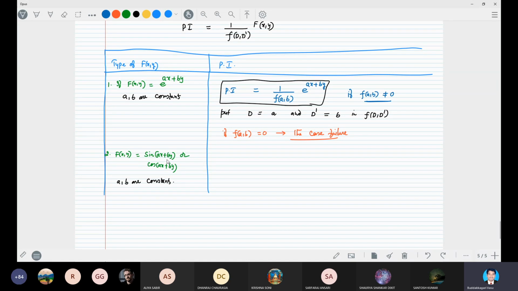What will be the particular integral? Anybody say?